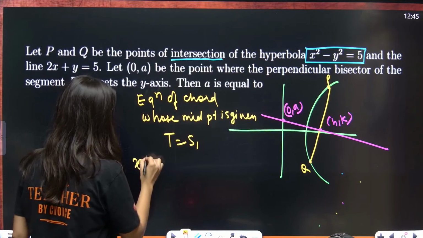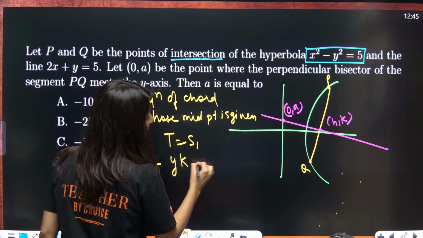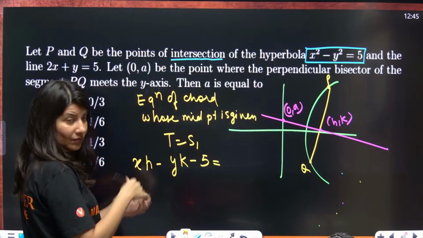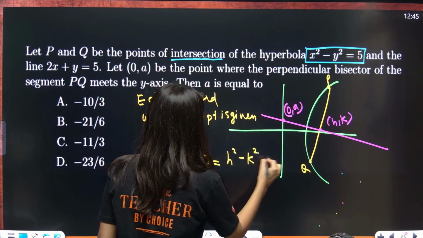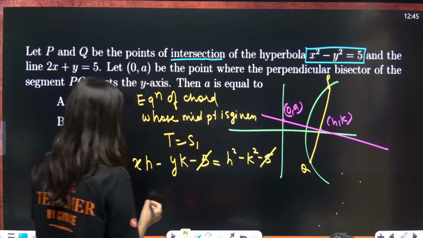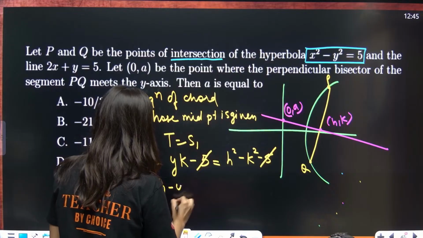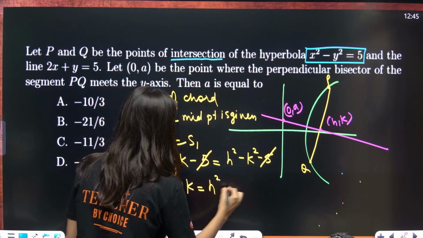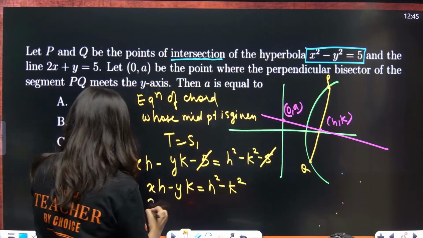So h x h minus y k minus 5. This is your T. Now S1, that means you need to put the point: h square minus k square minus 5. Obviously minus 5 is gone. So this is the equation x h minus y k is equals to h square minus k square. This is the equation of the chord PQ.